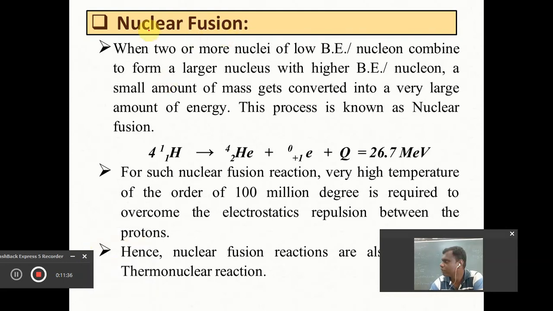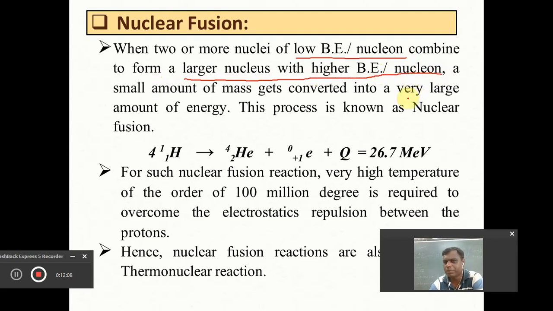Two or more nuclei of low binding energy per nucleon combine to form a larger nucleus with higher binding energy per nucleon.